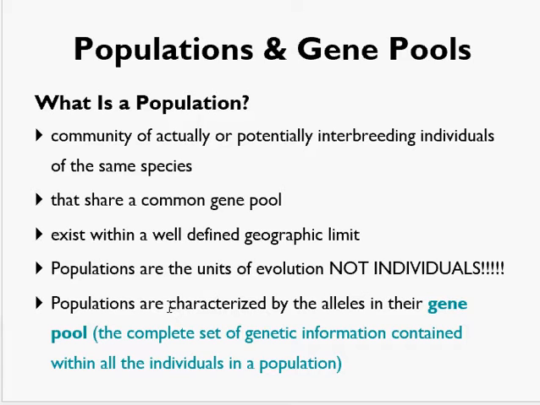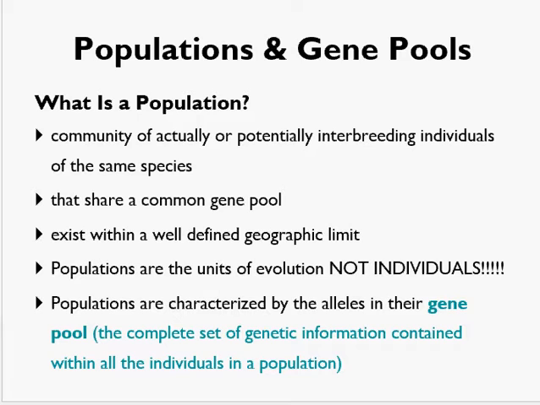So populations are characterized by alleles in the gene pool. A gene pool is the collection of all the genetic diversity within that population. It's a complete set of genetic information contained within all individuals in that population.